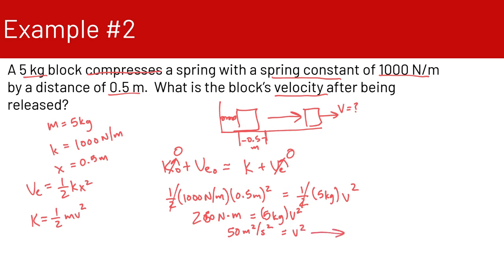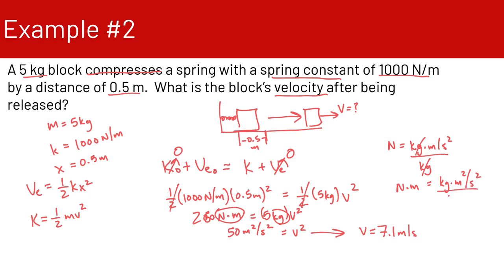So v then is going to equal 7.1 meters per second. I'd like to look at these units real quick. We have newton meters and kilograms. Newtons are equal to kilogram meters per second squared. So newton meters equals kilograms meters squared per second squared.